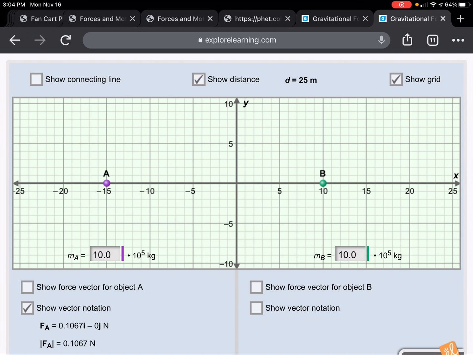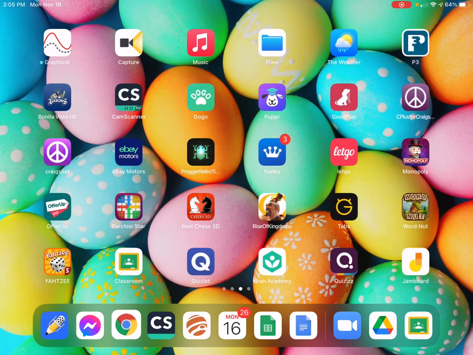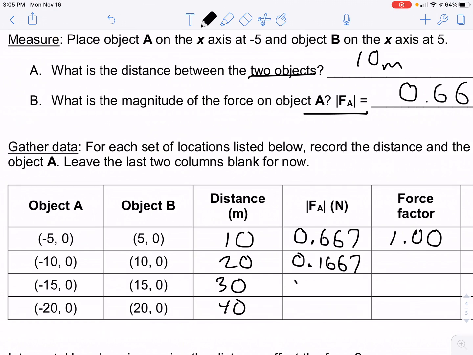At -15 and 15, you can see the force vector, the amount of force on mass A, reduces itself to 0.0741 newtons. And again, that feature is located at the very bottom left corner of the screen. Let's copy that down. 0.0741 newtons. Now let's move each one back.